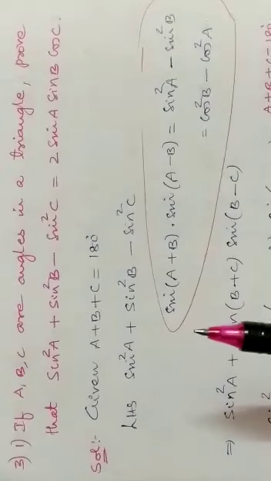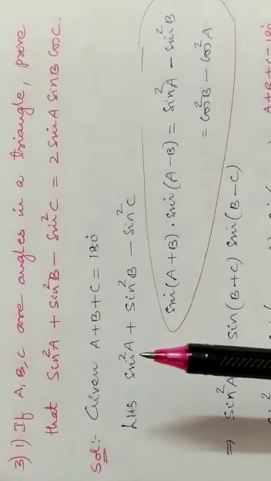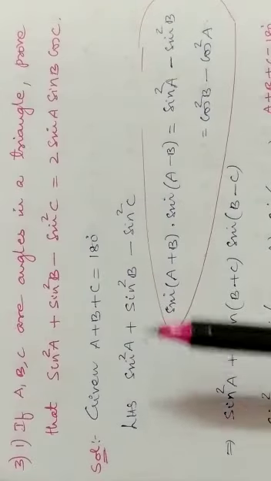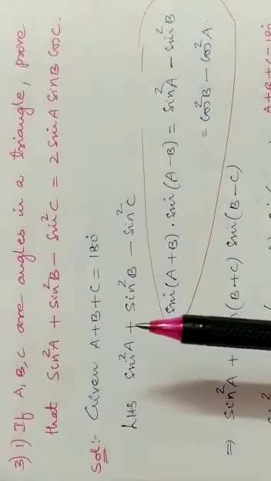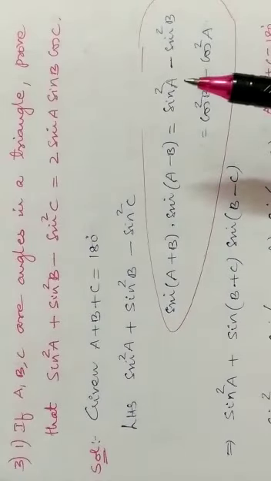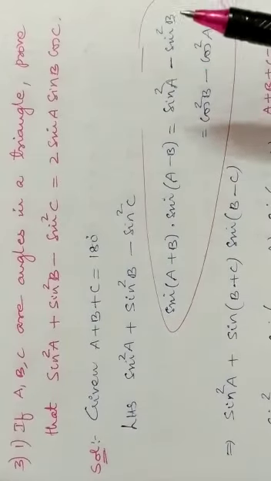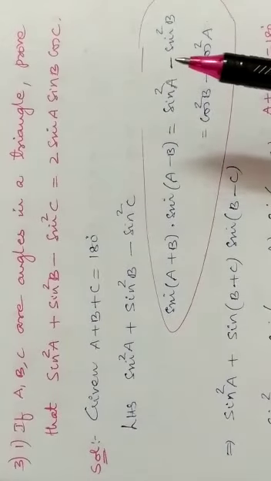If you observe, you cannot apply the formula for the first two terms because you are having plus. But in the formula, these two sin² terms have minus in between.